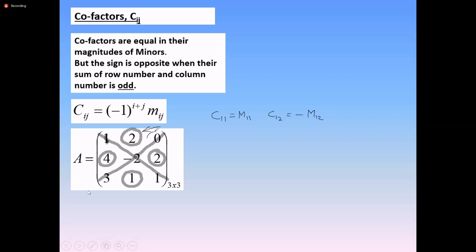If you go to this one, that is in the diagonal position, so the cofactor C13 is equal to M13. You go to the second row, the associated cofactor C21, here that is in this position, so it makes the opposite sign, minus M21.